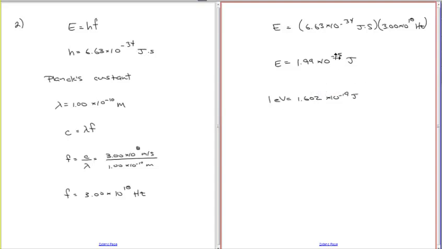So since this is more than that, we're going to divide this by that so that we get some number that's more than 1 electron volt. So the energy in electron volts, we just take 1.99 times 10 to the minus 15th joules, and divide by 1.602 times 10 to the minus 19th joules per electron volt.